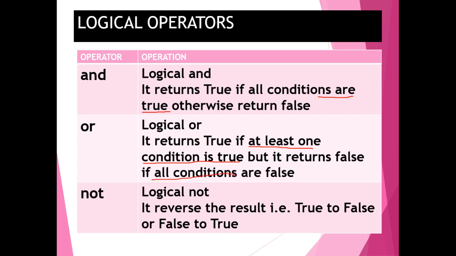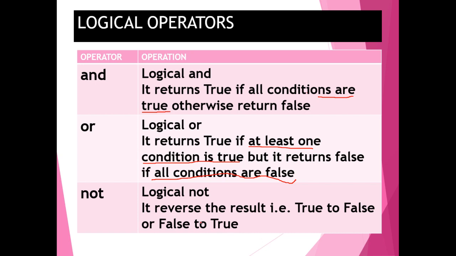So what is the difference between AND and OR? In case of AND, only if all the conditions are true do you get true. Even if a single condition is false, the entire result is false. Whereas OR gives a true result even if at least a single condition is true.